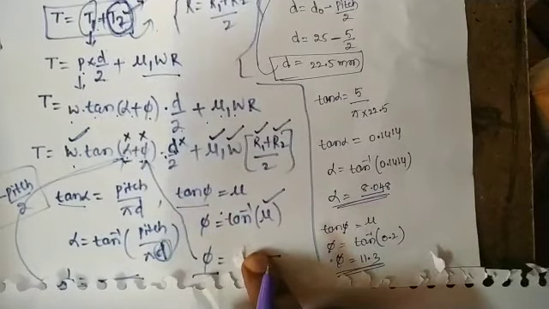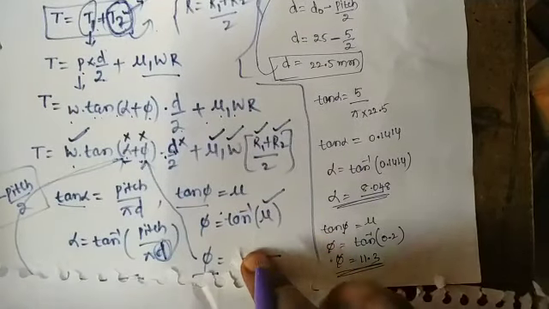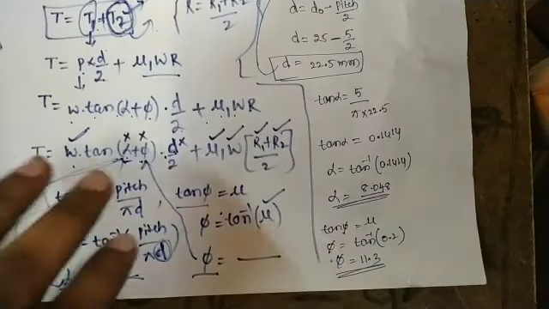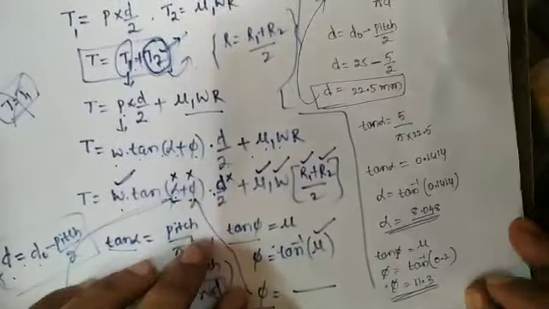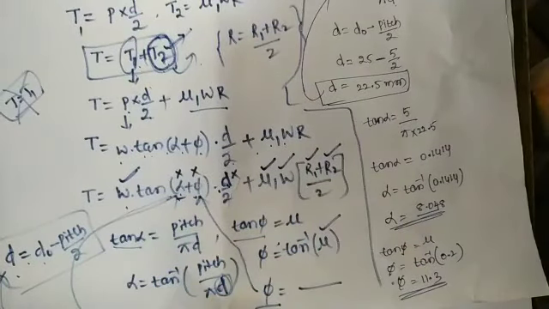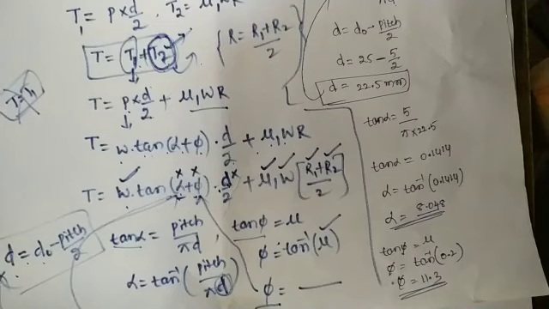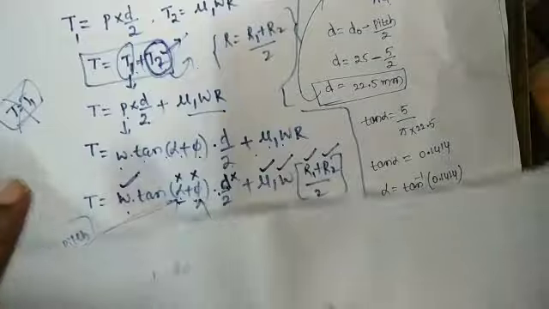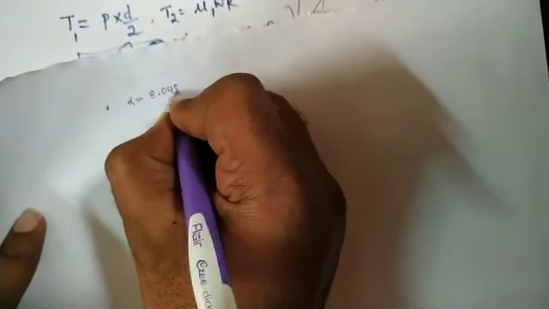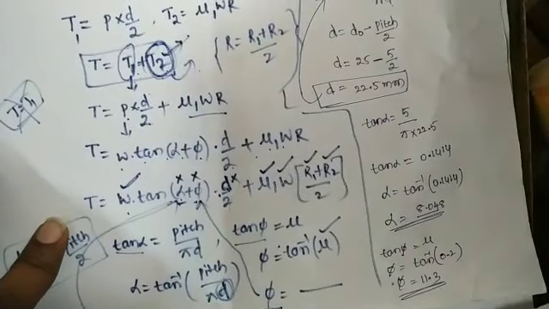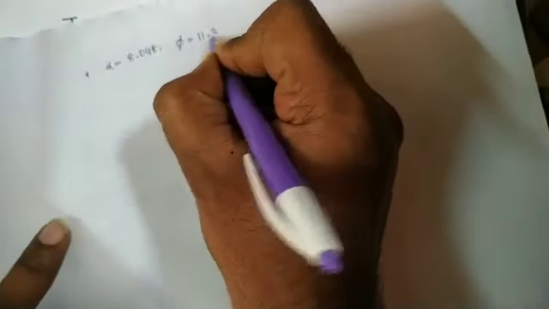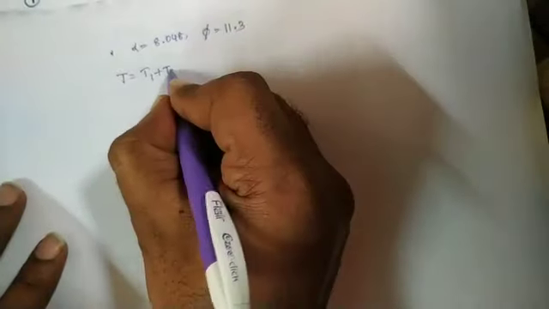So the next step. Alpha equal to 8.048, then pi equal to 11.3. Then T equal to T1 plus T2.